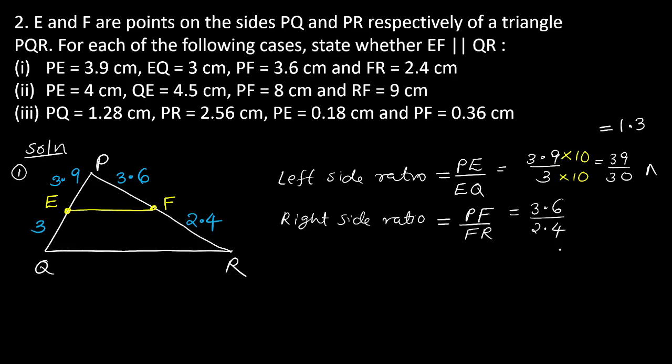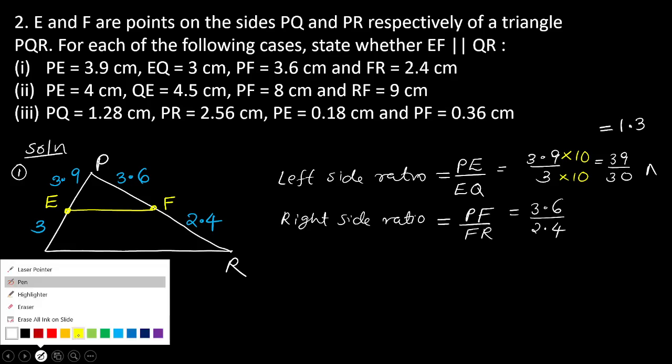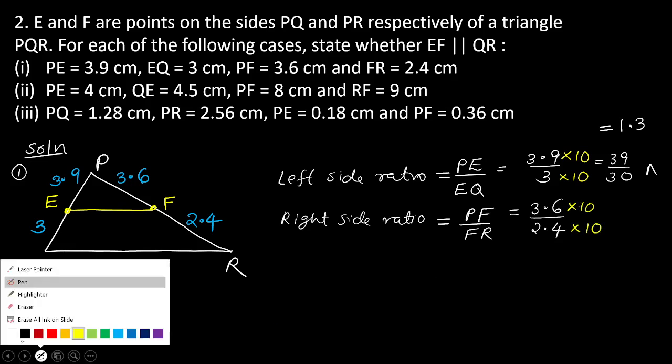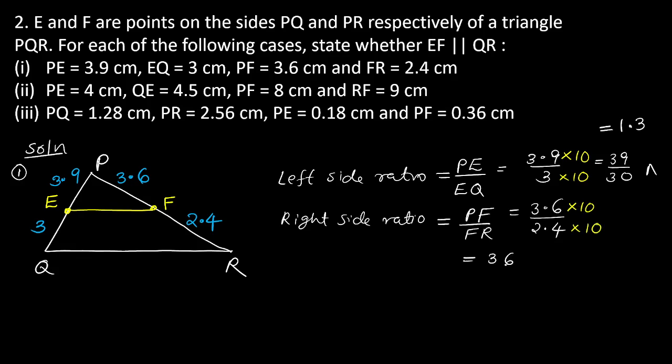For the right side, the division is difficult, so let me avoid the fraction. 36 by 24. Either you reduce it or you do the actual division, you can decide. Understood. Divide numerator and denominator by 12. You can reduce the fraction like that: 3 by 2. It is 1.5.